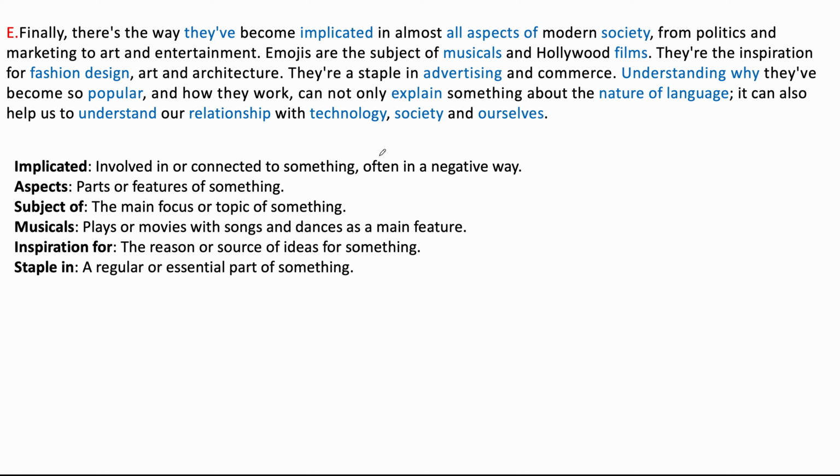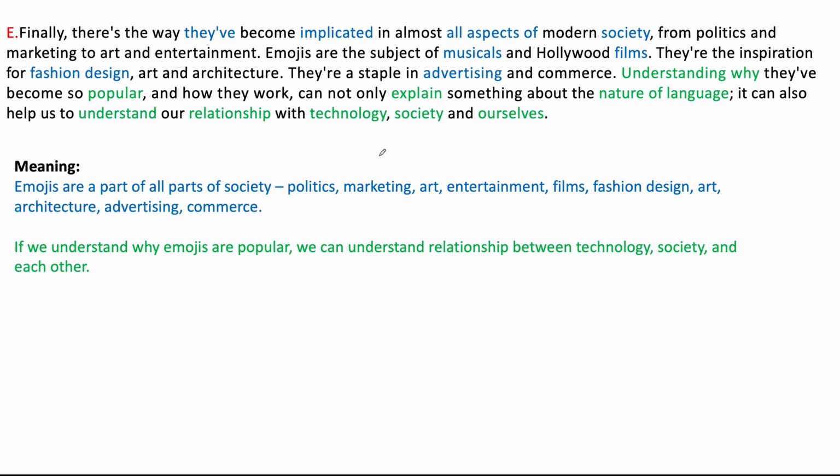Section E is a single paragraph. The parts I focused on when trying to get the gist of the section are on your screen in blue, along with meanings of some of the words and phrases. The simple meaning of what is written in this section is that emojis are a part of all aspects or areas or parts or fields of human society.